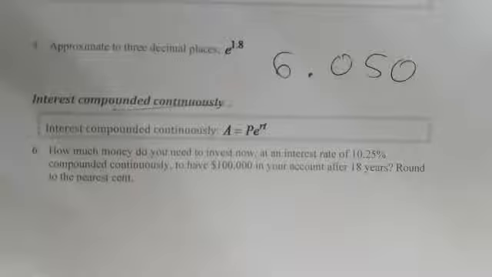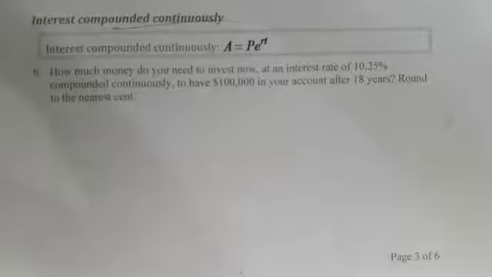So if you want it continuously, think about your PERT formula: A equals P E to the RT. All these variables were defined before. P is still our principal, R is still our interest rate, and T is the time in years. What you might notice is that N disappears, the number of compounding periods, because we are compounding continuously. So we have a completely different formula for this. There is no N. N is infinity.